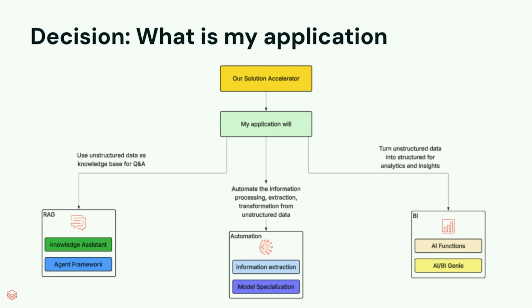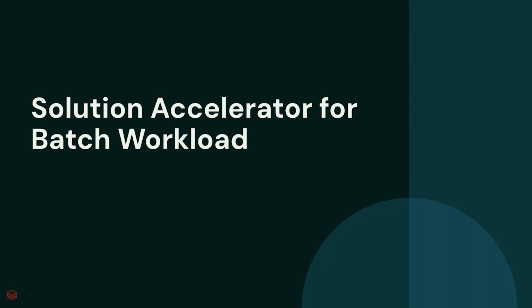Model specialization is for fine-tuning models, maybe for converting certain formats into another format, or generating certain information from unstructured data. Then lastly, the AI functions for batch inference and the AI/BI dashboards. Okay. With that, I'm going to jump into the Accelerator next.